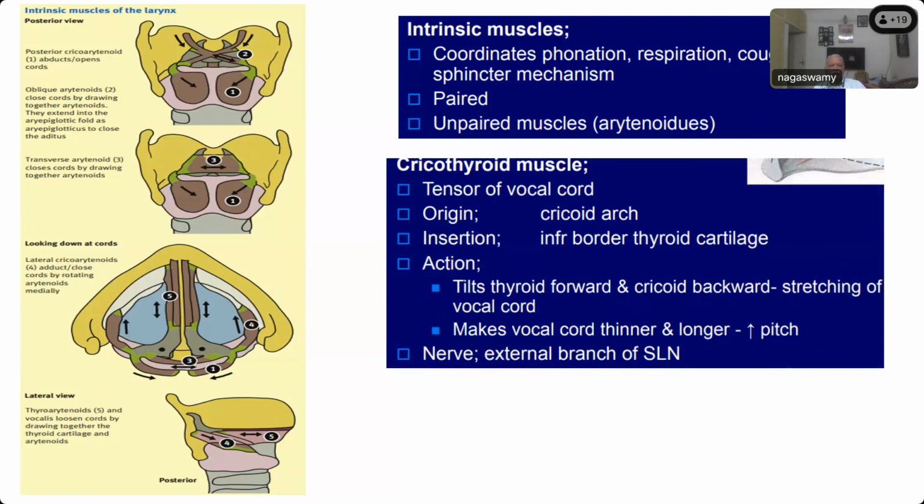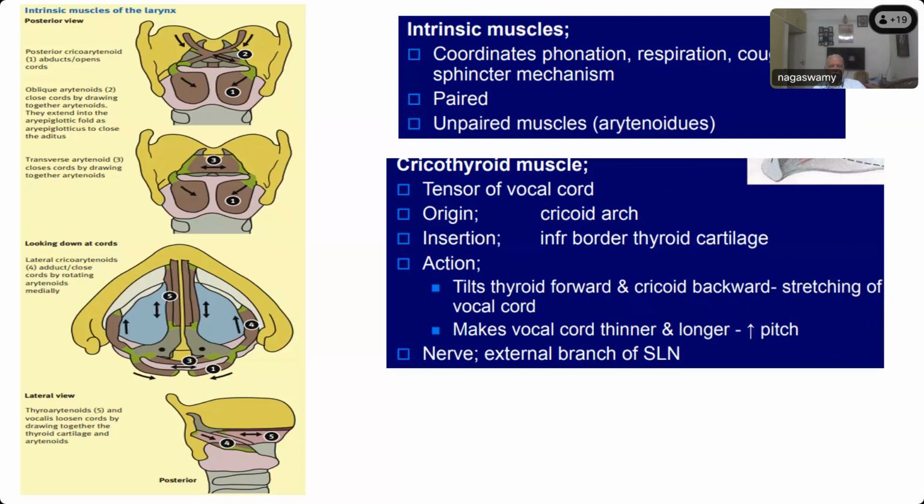That is why it's called cricothyroid. This tilts the thyroid forward and cricoid backward, stretching the vocal cord and making it more tense. Whenever you want to sing in a high pitch, this is the muscle which helps to achieve the pitch. And it is supplied by the external branch of the superior laryngeal nerve.